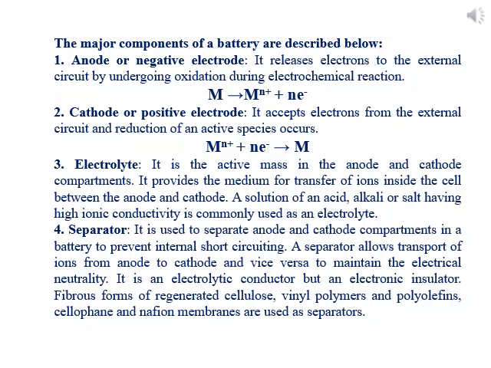It is an electrolytic conductor but an electronic insulator. That means ions can pass through it but not the electrons. Normally, fibrous forms of regenerated cellulose, vinyl polymers, polyolefins, cellophane, and nylon membranes are used as separators.